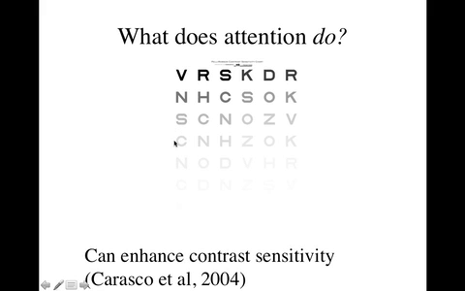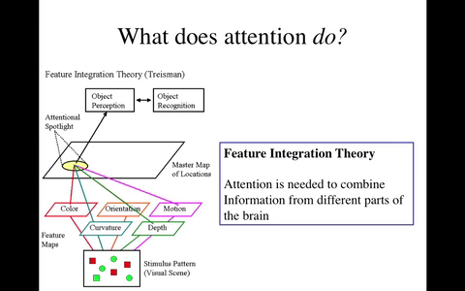So something that we think attention can do is maybe turn it from something that looks like this into something that looks like that. It has higher contrast, and that's because you're processing it more. That increases the degree to which you're actually processing its features, and it's to some extent equivalent to it being more clear and having higher contrast.